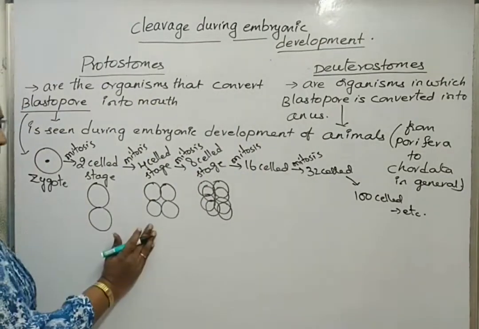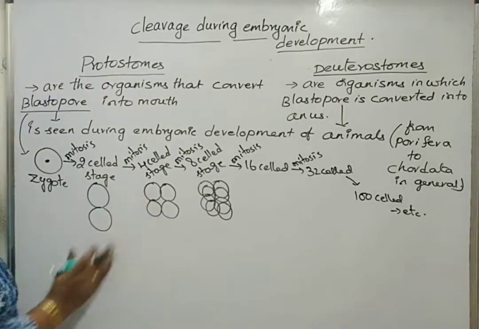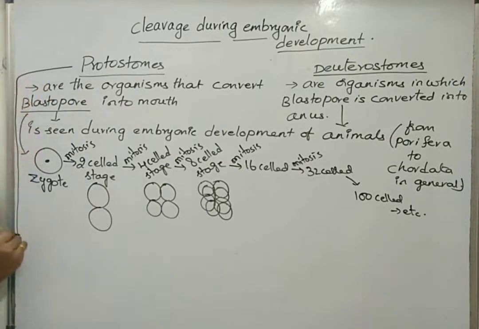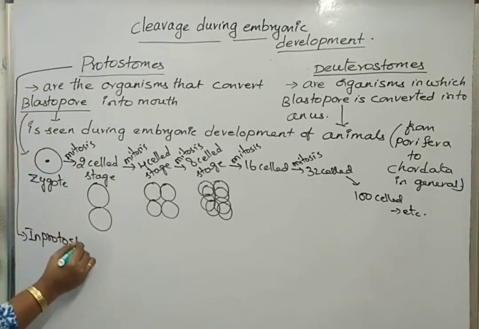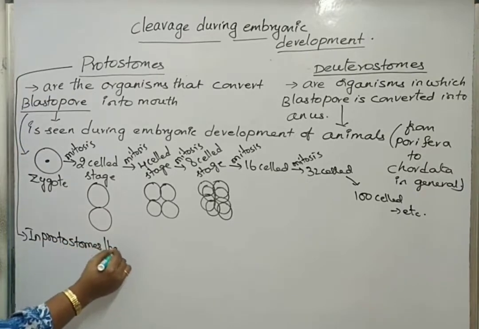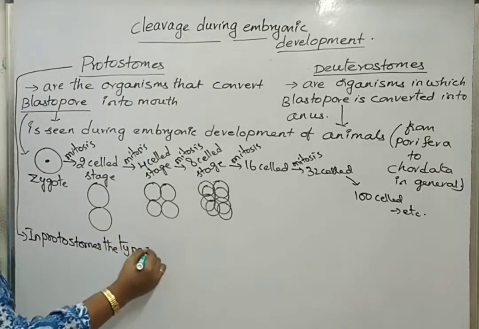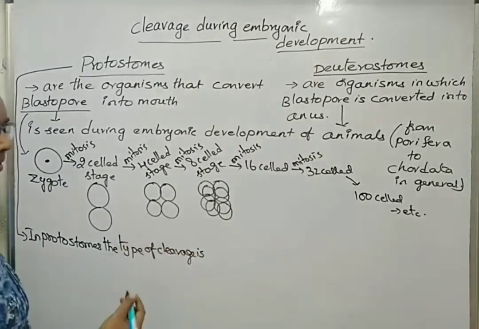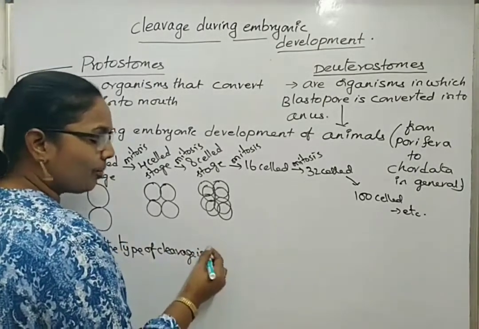So during this mitotic division, how is the mitosis happening? In case of protostomes, the type of cleavage is spiral cleavage or oblique cleavage.